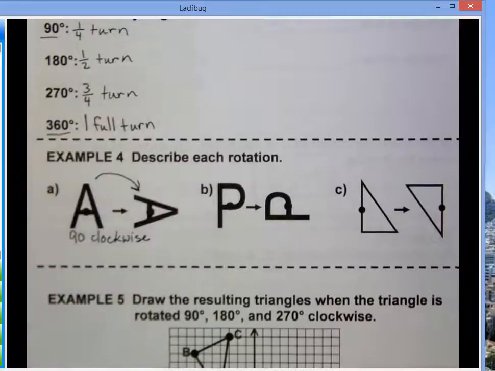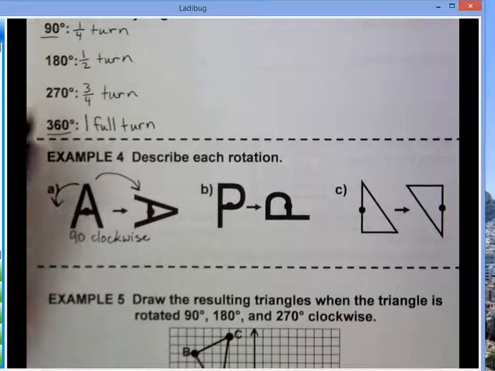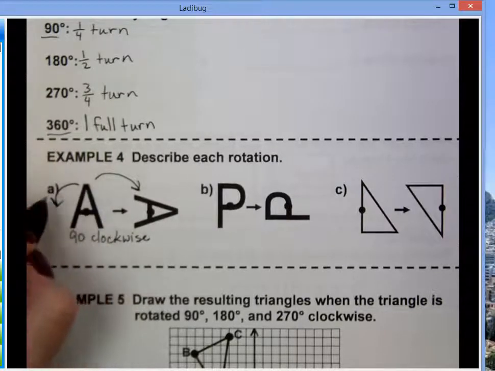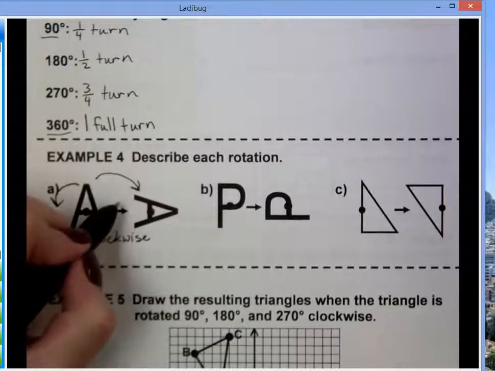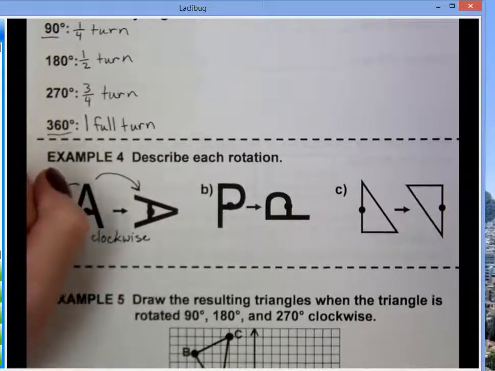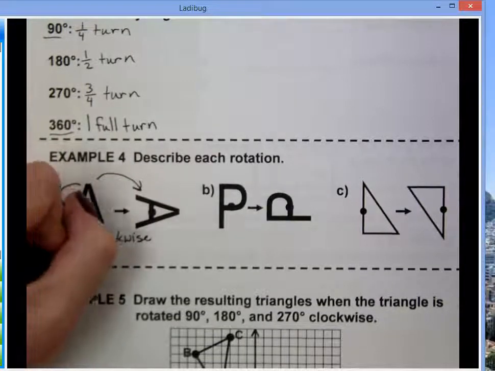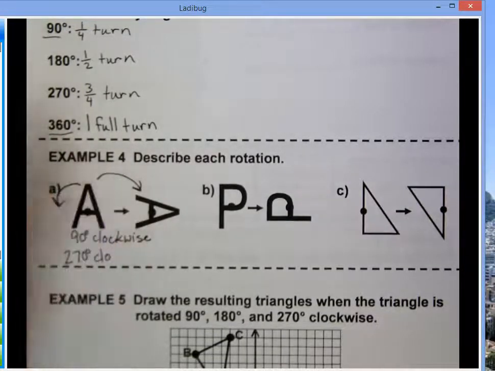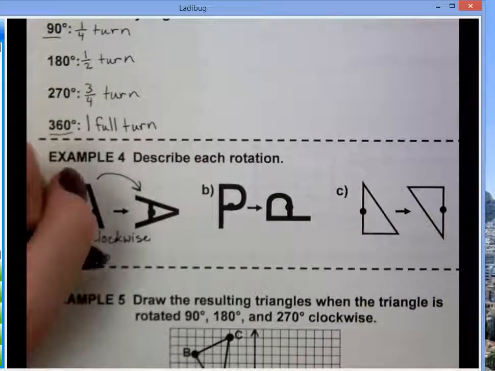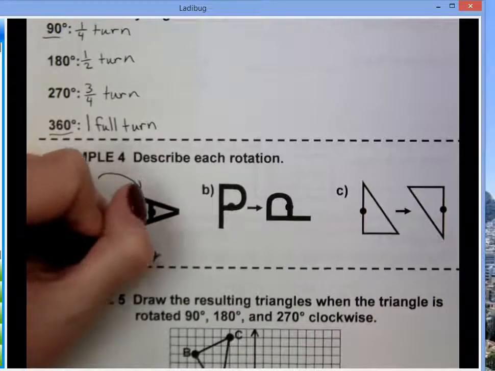Let's think about if it turned this way, if it went the opposite way, it would have to go all the way around 3/4 of a turn. So if you were going counterclockwise, it would be 270 degrees counterclockwise. All right, nice.